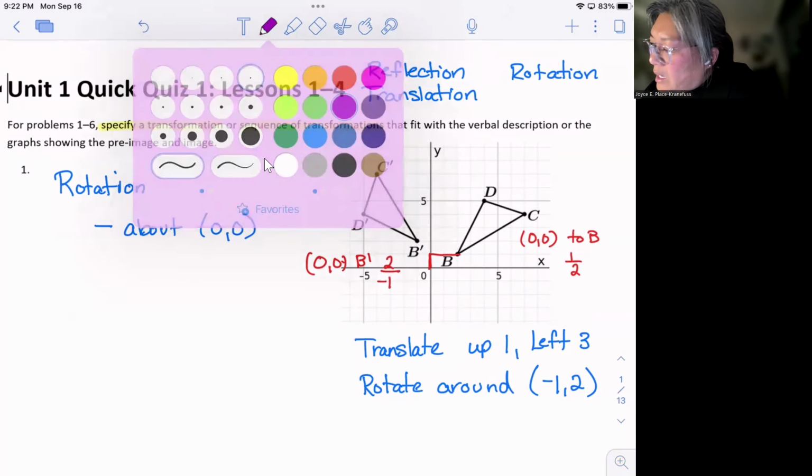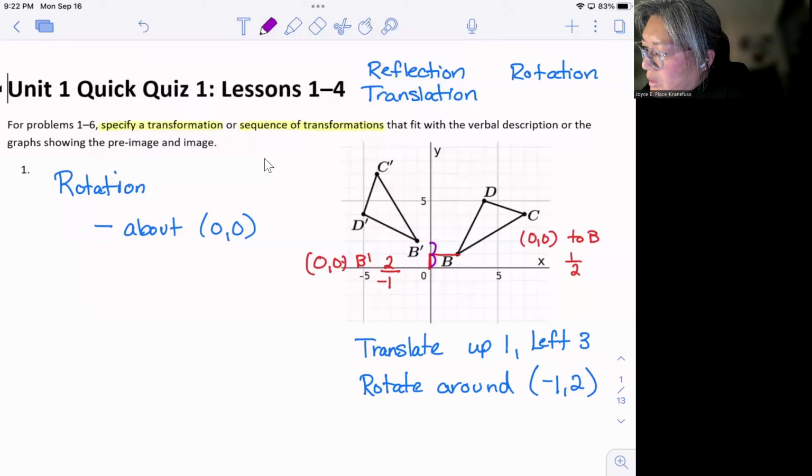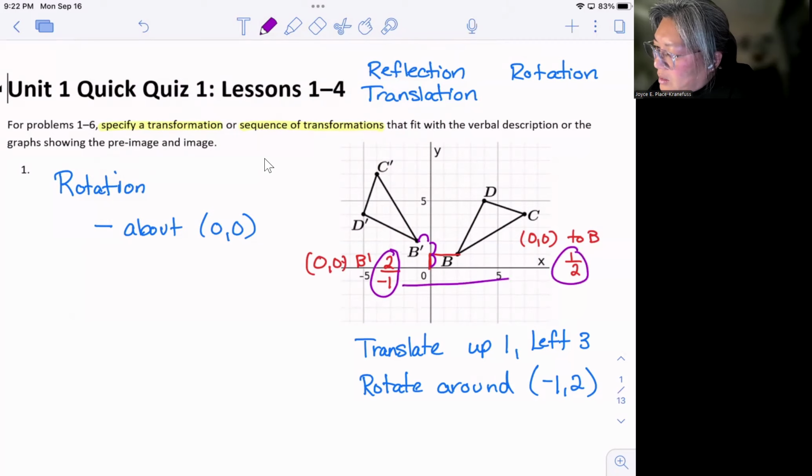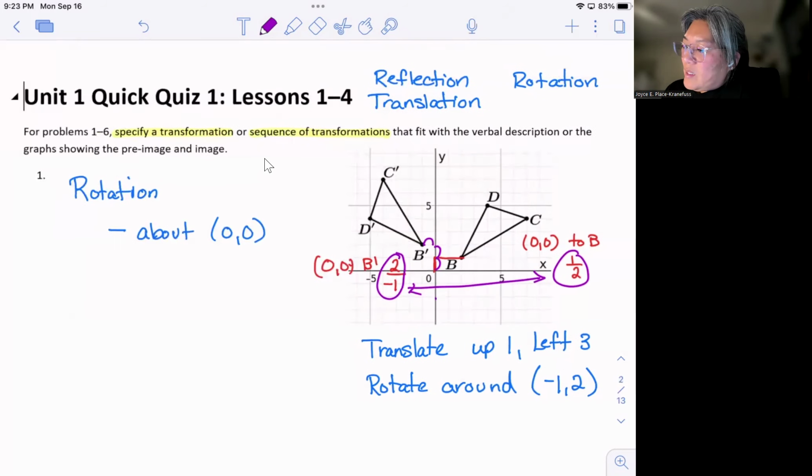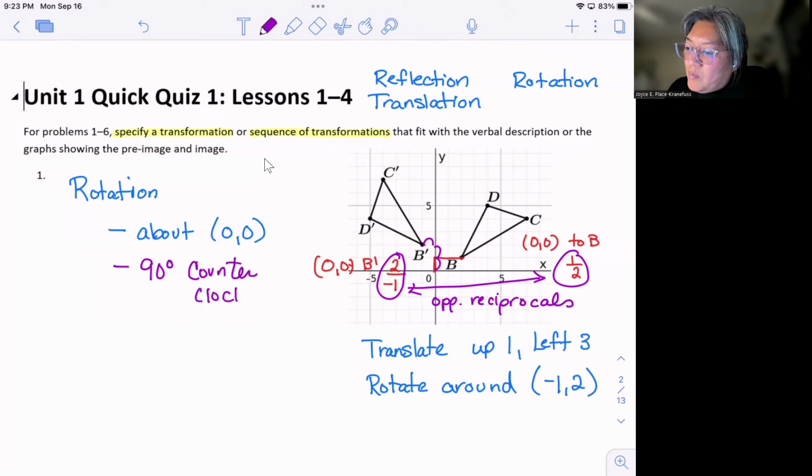So we could see that up 2 and left 1. And then this and this are what? Exactly. They are opposite reciprocals, which actually means it's a rotation about the point 0, 0. It is 90 degrees counterclockwise. But I was willing to accept just rotation.